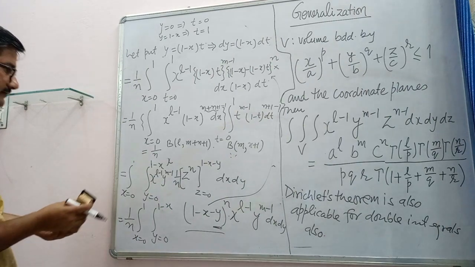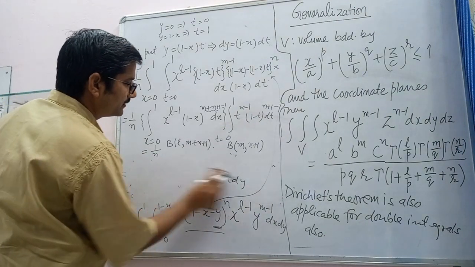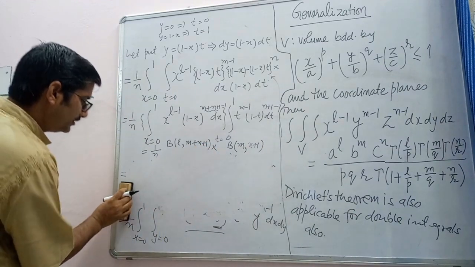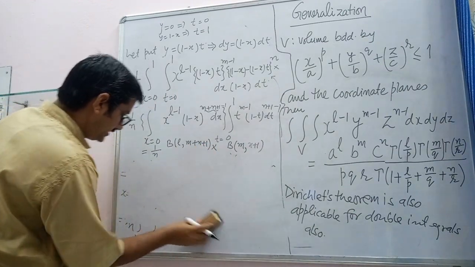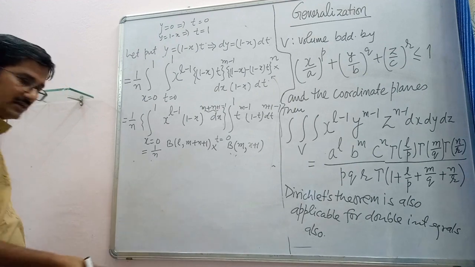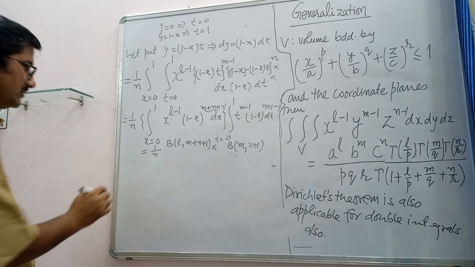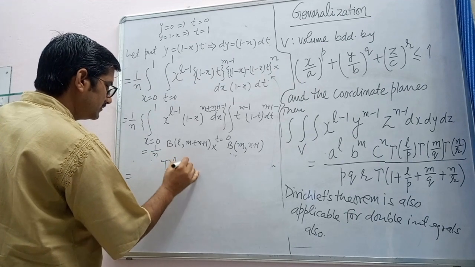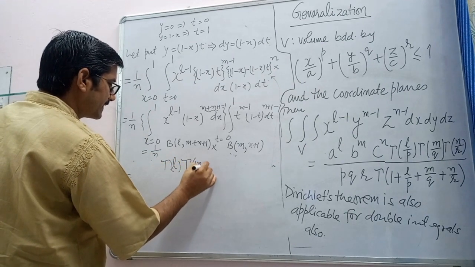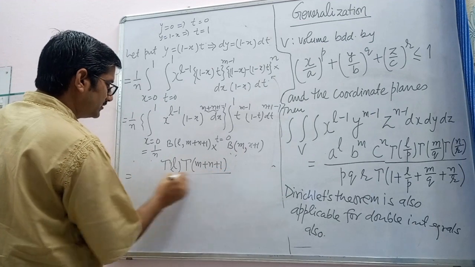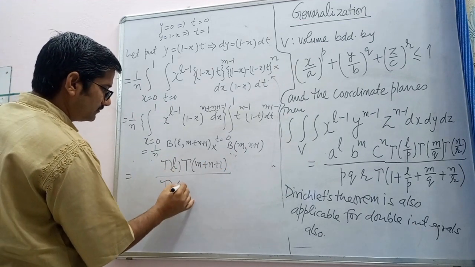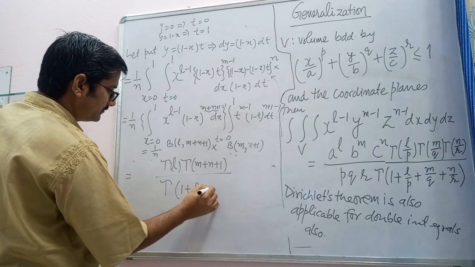Next, this product in the numerator can be expressed in terms of the gamma function. So this is equal to gamma l gamma (m plus n plus 1) upon gamma of the sum of these two, so 1 plus l plus m plus n.